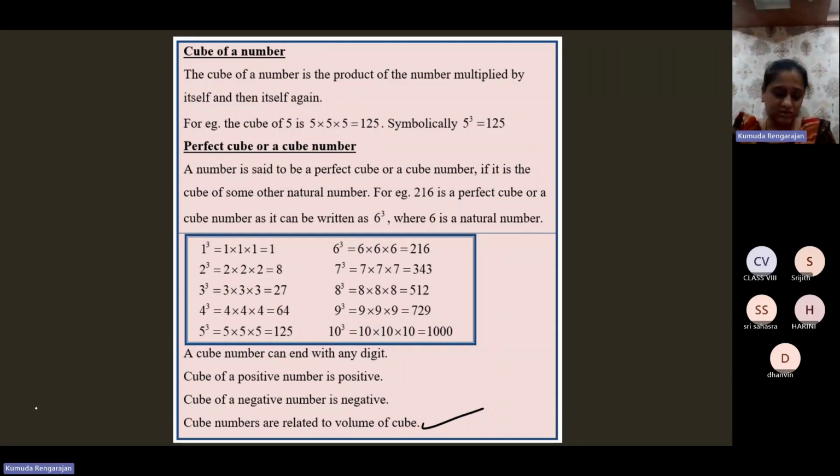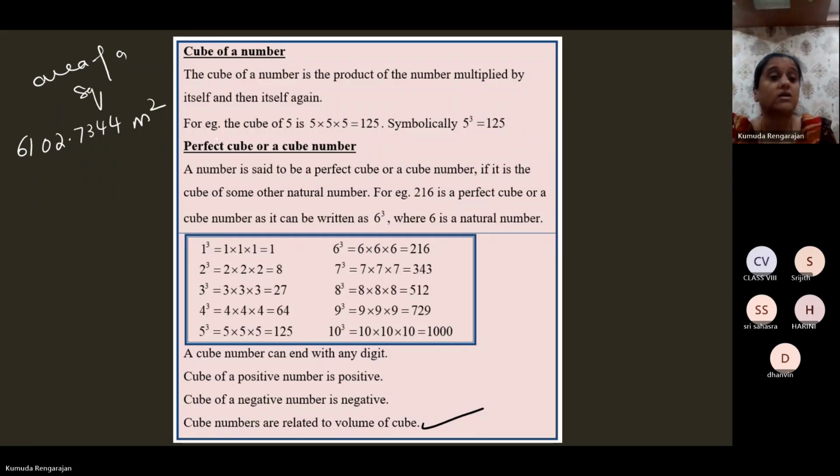Just to give you an example, I'll take a decimal number. Supposing you're given that the area of a square is 6102.7344 meters square.